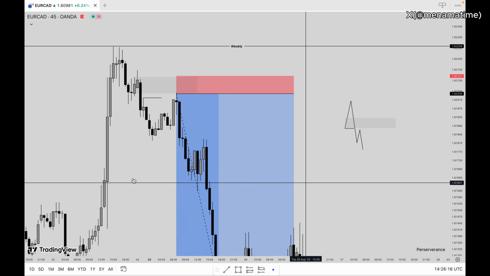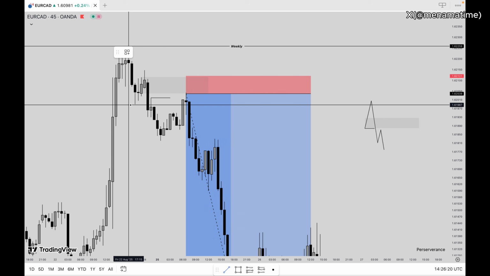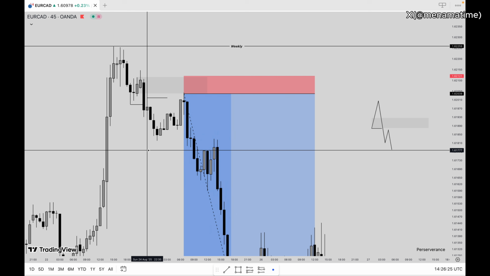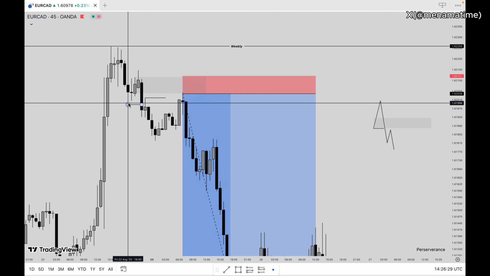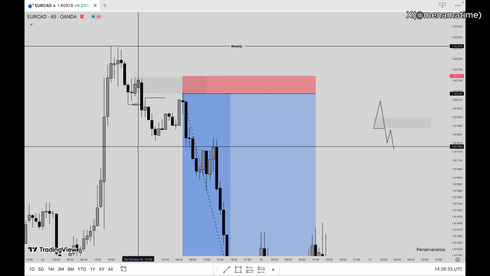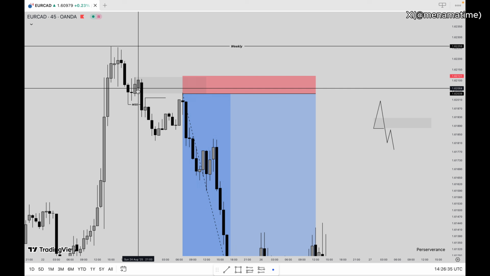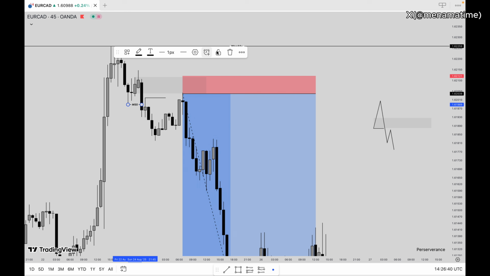So in this scenario, let me use this one to explain it. You see that we have a market structure shift here, right? In this case, you can notice that there is an order block before this market structure shift. So this is the market structure shift, while this is the POI that triggered the market structure shift, in this case an order block.